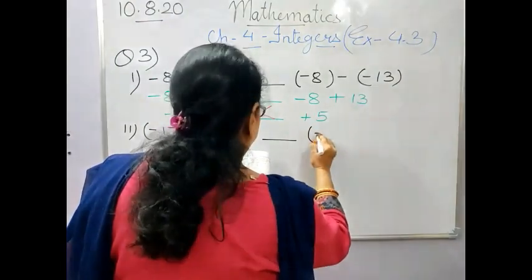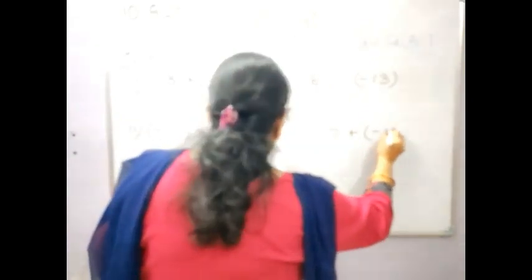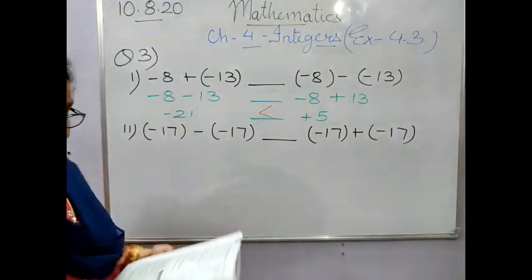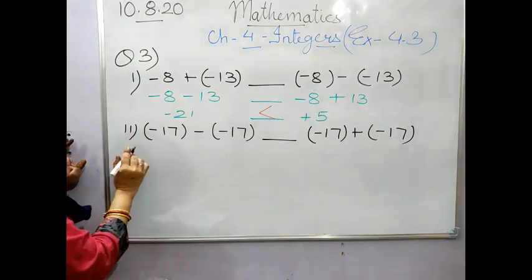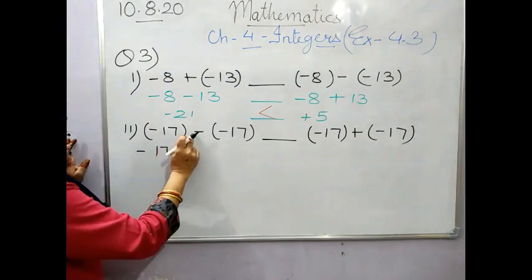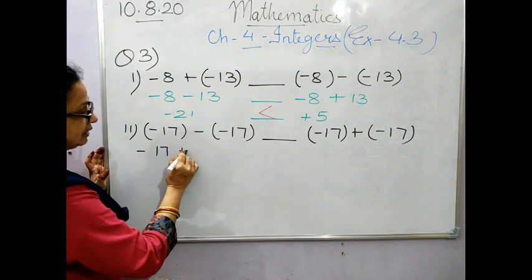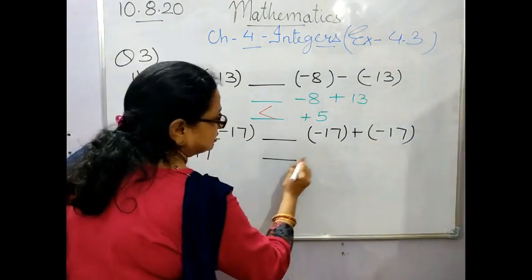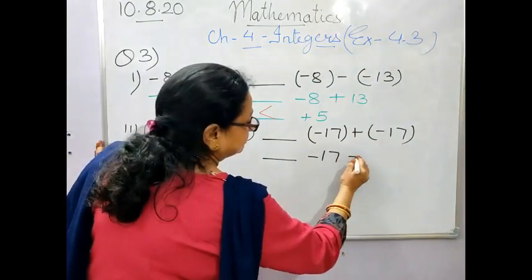Then minus 17 plus minus 17. Now minus is outside, so the inside sign will change. Minus becomes plus. Dash plus minus 17 plus minus 17.